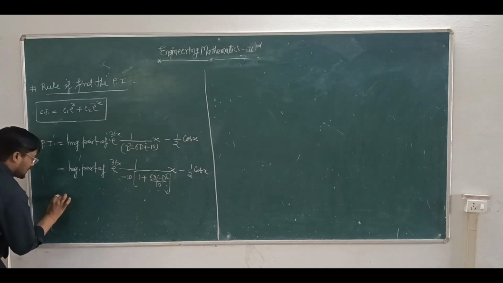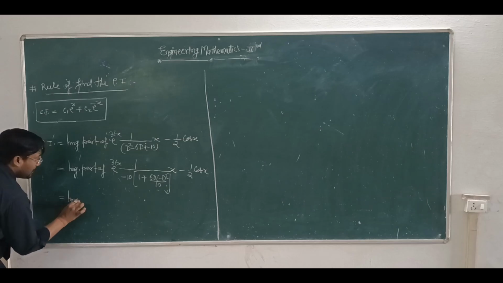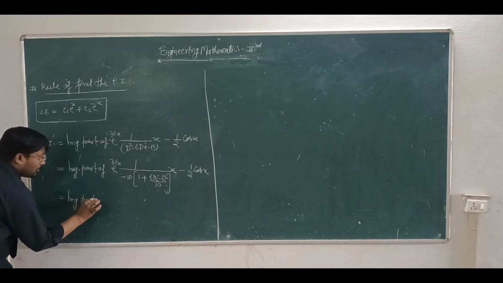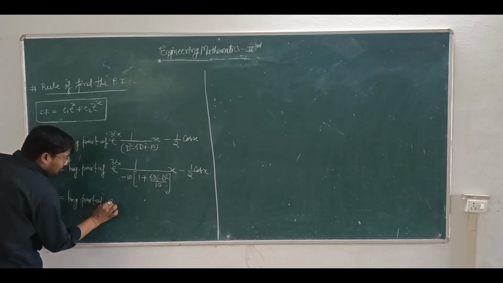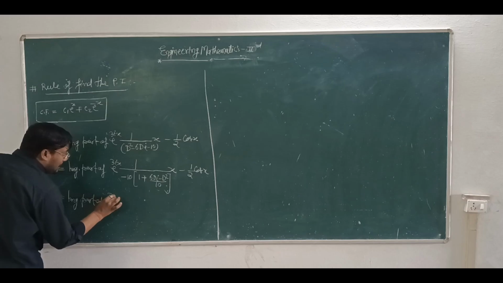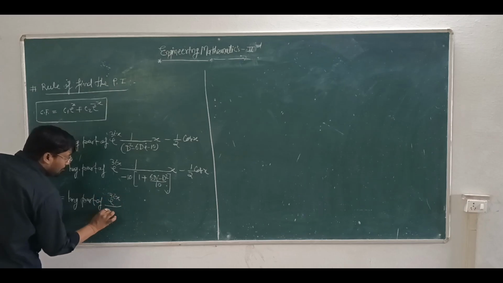Now continue to this step: the imaginary part of e to the power 3ix upon minus 10.